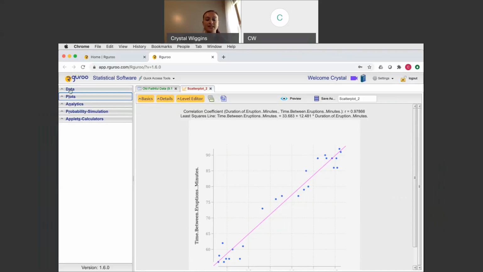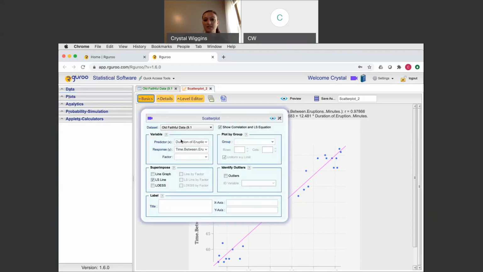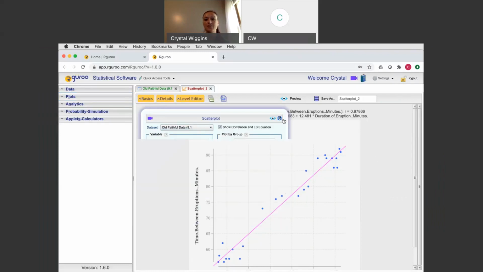We imported the data, went to plots, went to scatter plot, and filled out this basic screen. We said we're using our Old Faithful data, identified the X and the Y variable, and wanted the least squares regression line, which is what we just saw in the PowerPoint. I also want to show the correlation and the equation. And this is what it gave me.